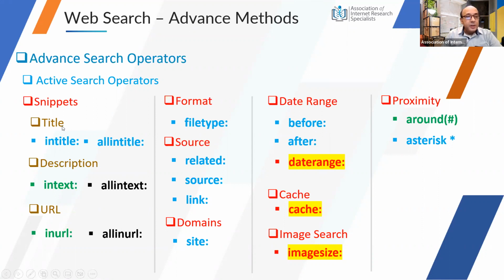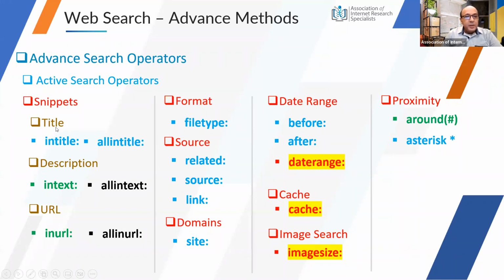So three elements. All three elements are looked into or matched with your search queries: under title, under description, and under URL. What it means you'll discover later, but for now we're just making sense of how they're organized.